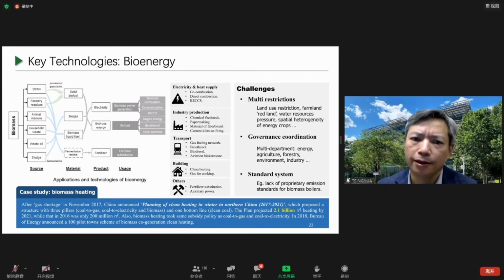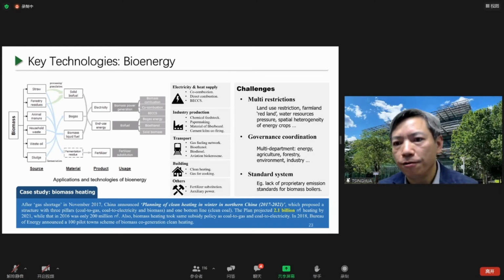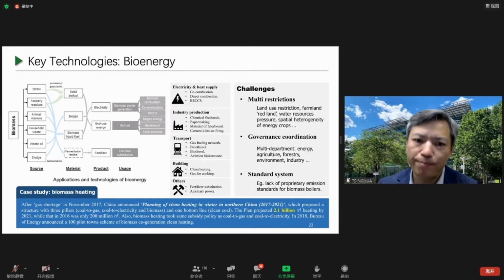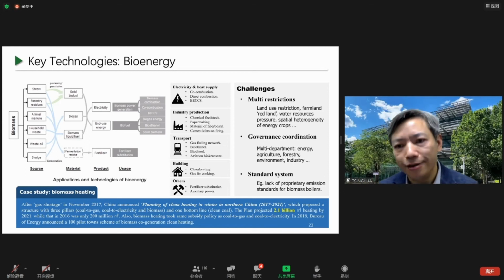In industry sector, biofuel products and byproducts can be used as chemical feedstocks for paper making, fiberboard, and plastic. In transport sector, bioethanol and biodiesel are future substitution options for petrol and diesel.